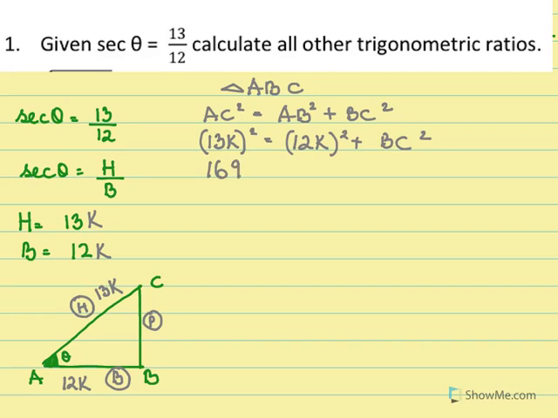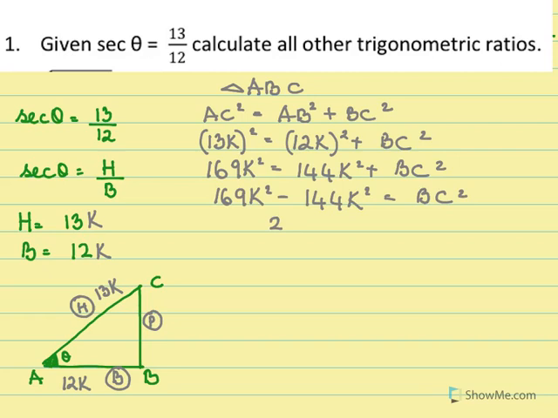So 169k square equal to 144k square plus BC square. 169k square minus 144k square equal to BC square. On subtracting, we get 25k square equal to BC square. So 5k will be BC.